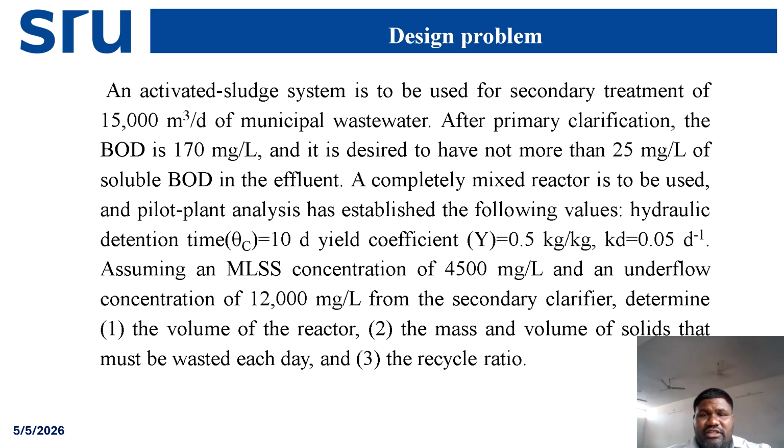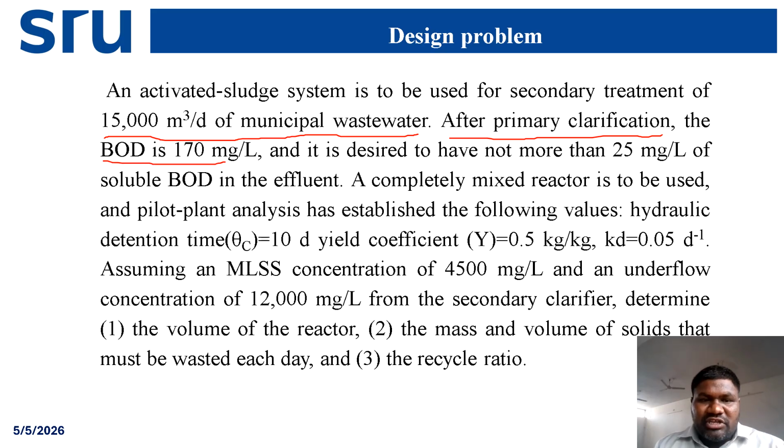Read the question properly. An activated sludge process is to be used for secondary treatment of 15,000 meter cube per day of municipal wastewater. After primary clarification, the BOD is 170 milligram per liter, so the initial BOD concentration is 170.